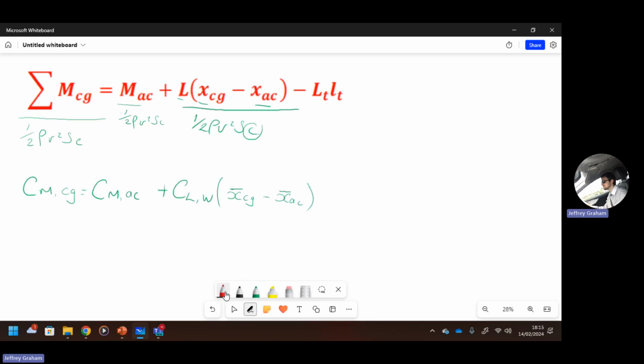But if you go back to what we just said about the neutral point, if it's got a line above it, it's in terms of the chord length now. So it's our H value. So the center of gravity will be written just as H. That is the H0 from the neutral point. And obviously, similarly, you can get the neutral point as HN as well.